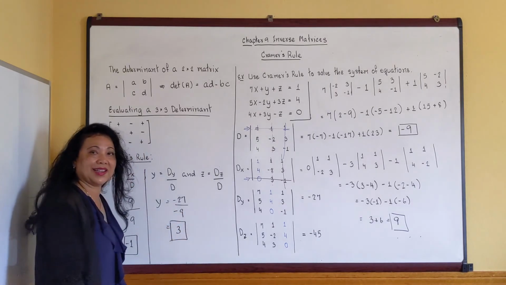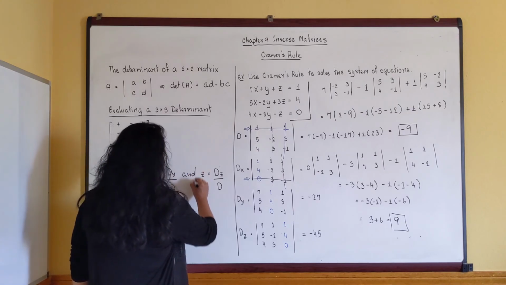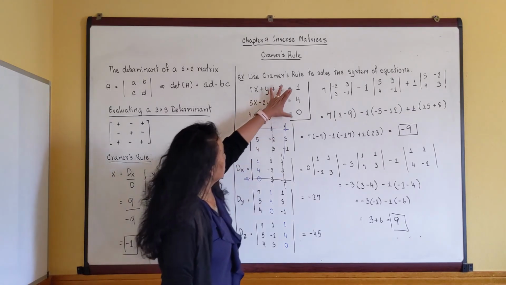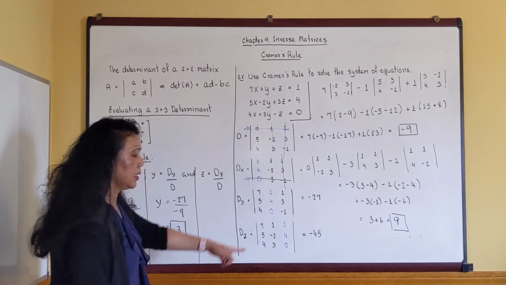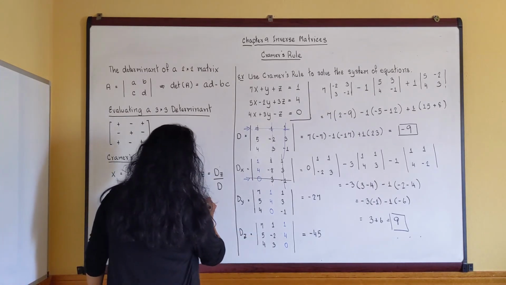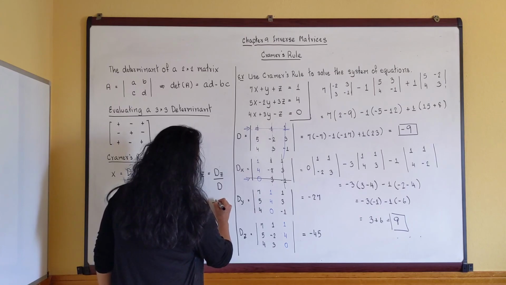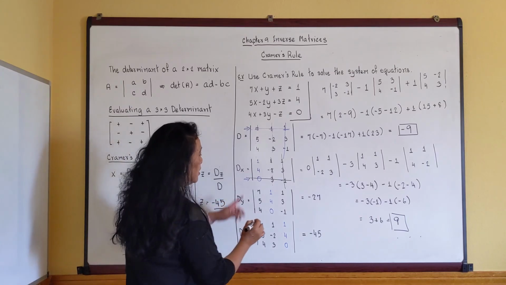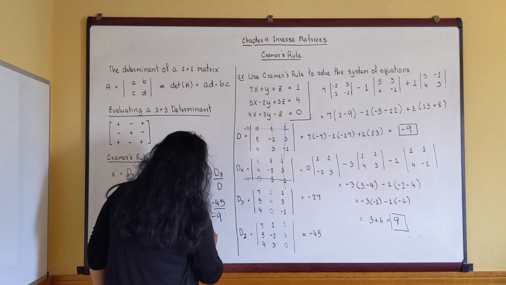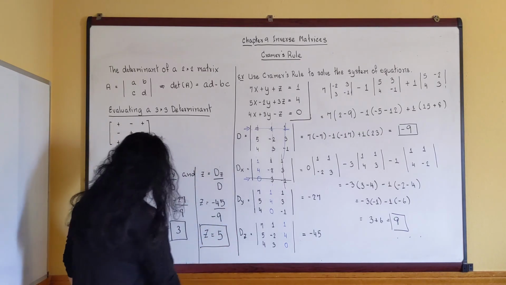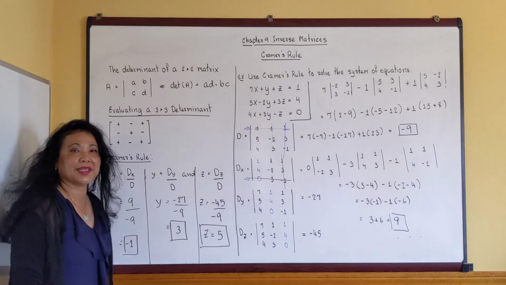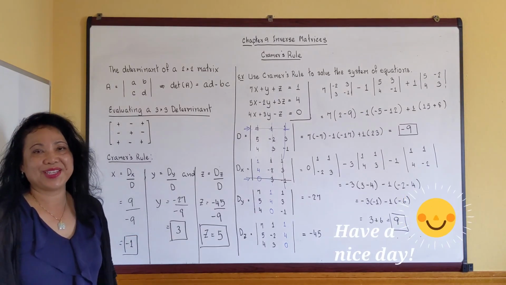That would be your y. Now you're going to put the constants on the C column. Do the same thing. You should get negative 45. So your C will be negative 45 divided by D, which is negative 9. So your C would be 5. So your solution is negative 1, 3, 5. Alright, we finished chapter 9.